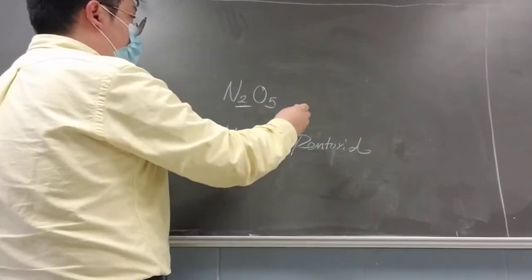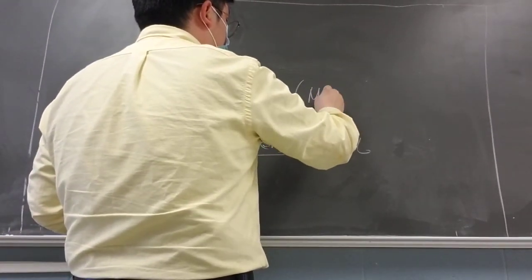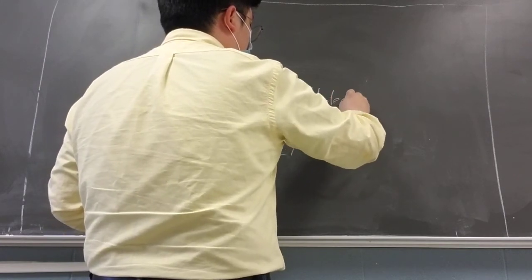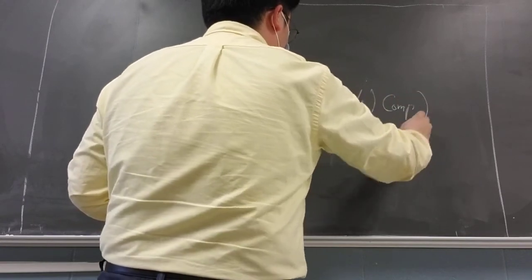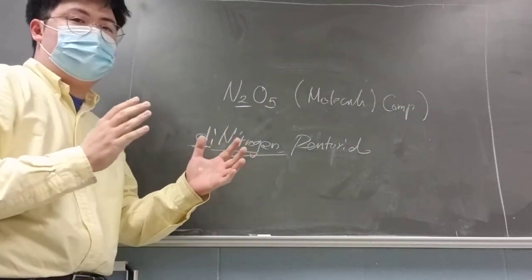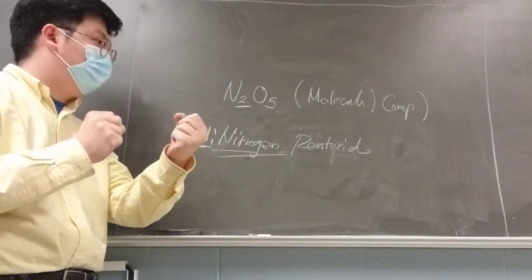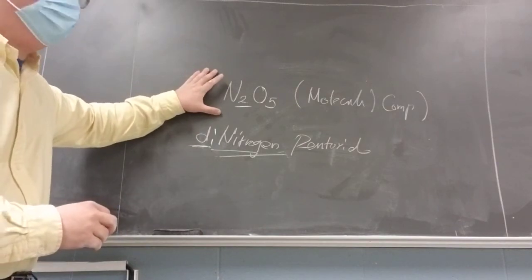So this is not ionic. We call these molecular compounds, because this is not about ionic bonds, but bonds between non-metals.